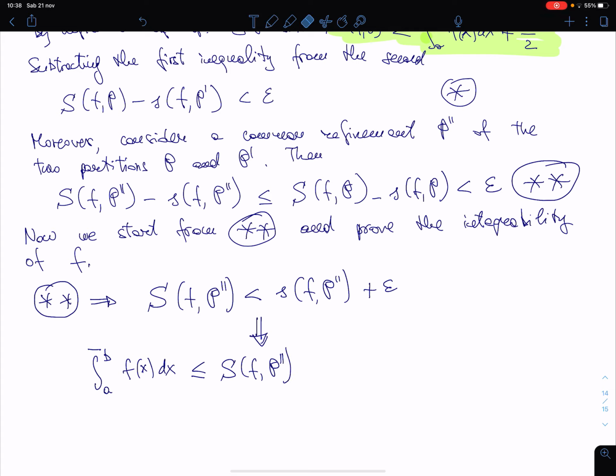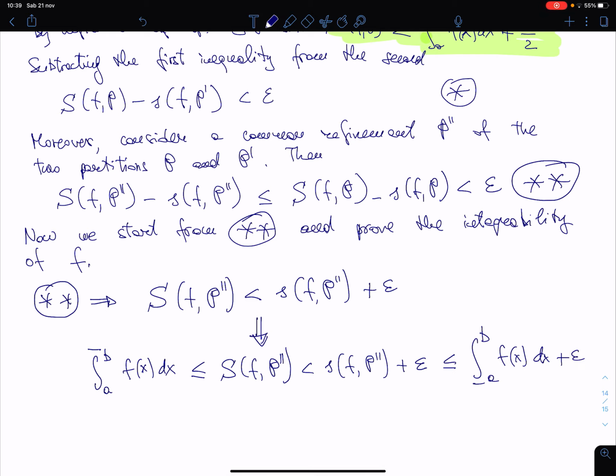Then, as we wrote above, this is less than little s f p second plus epsilon. And this is less or equal, because this is the sup, the lower integral plus epsilon, okay?